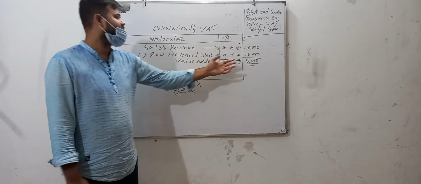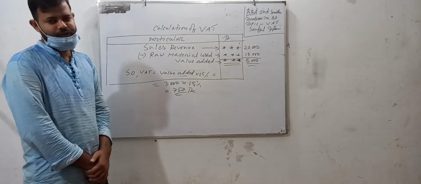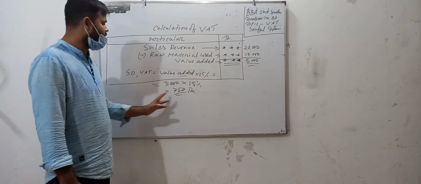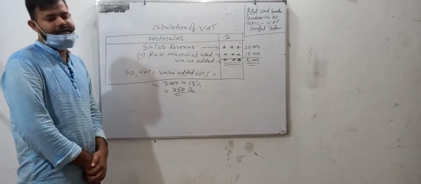Here value added is 5,000 into 15%. That means VAT will be 750 taka.